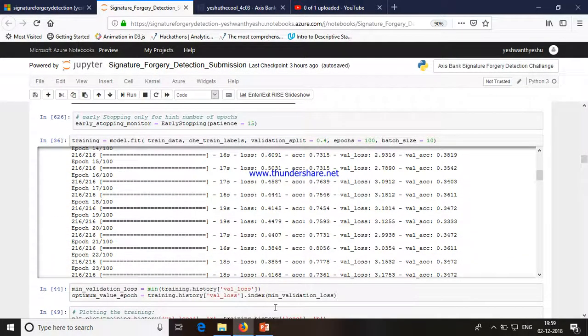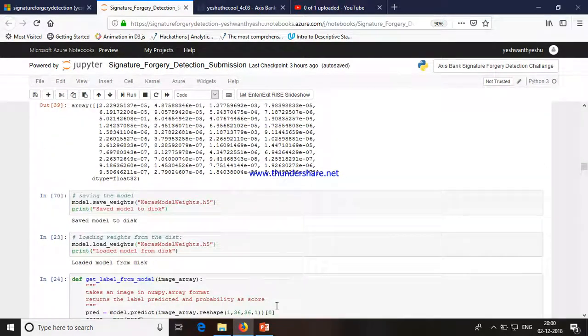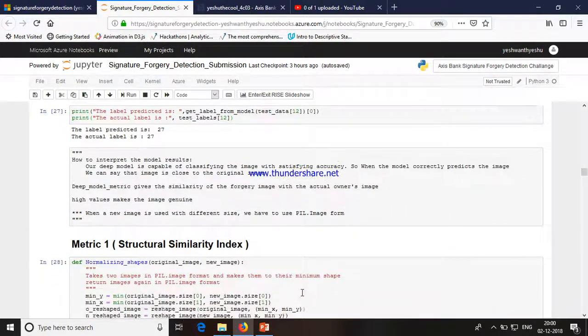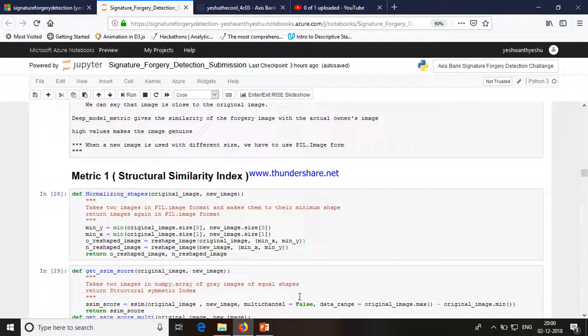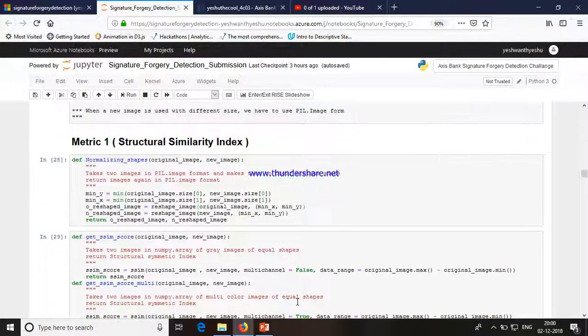Then we take a genuine image for that user, compare the new image with that genuine image, and find out the metrics. For that, the very first metric is the structural similarity index.